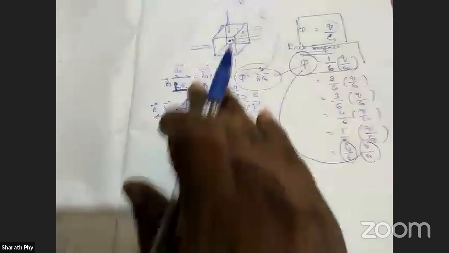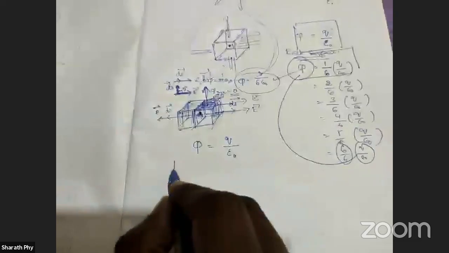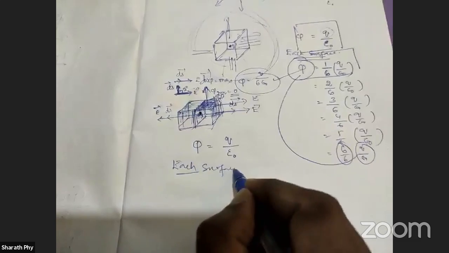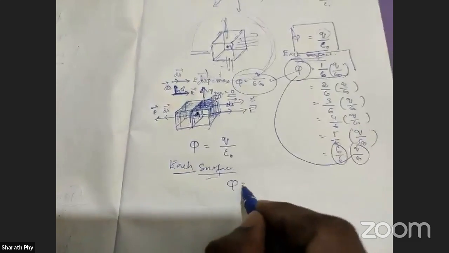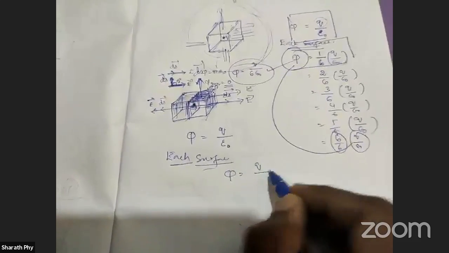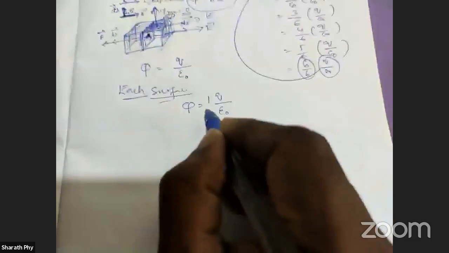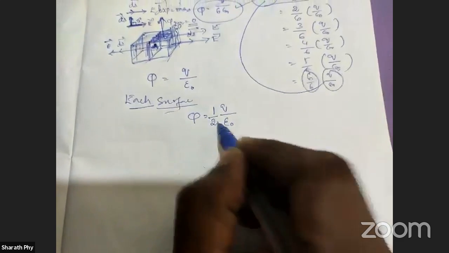So from each surface, what is the flux linked? Q by epsilon naught, only two surfaces. So we are considering one surface, comma 2.